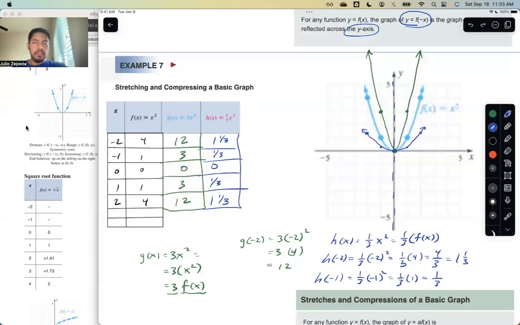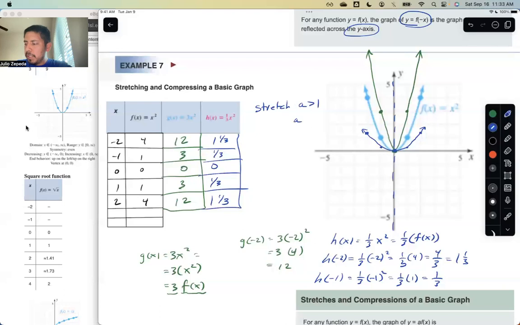All right, so you can stretch or compress. So what values stretch, make it go up quicker? The values that will stretch the function are values that are larger than 1. So stretch, I'll just use a. If a is larger than 1, it will stretch it.